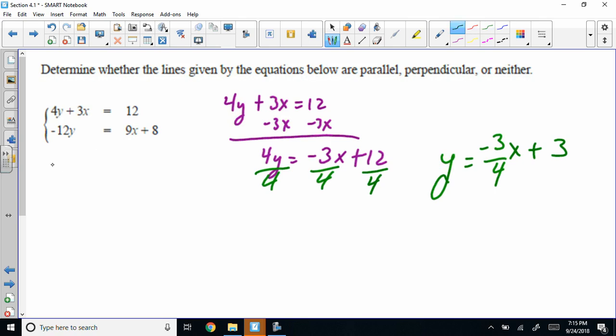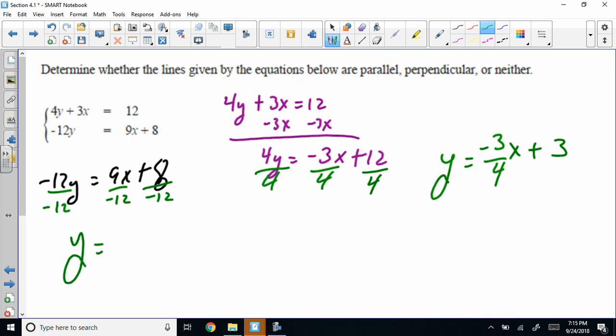We'll have negative 12y equals 9x plus 8. And we'll divide everything by negative 12. That leaves me y equals negative 3/4 x and negative 2/3. Now, there's your slopes. They are what?